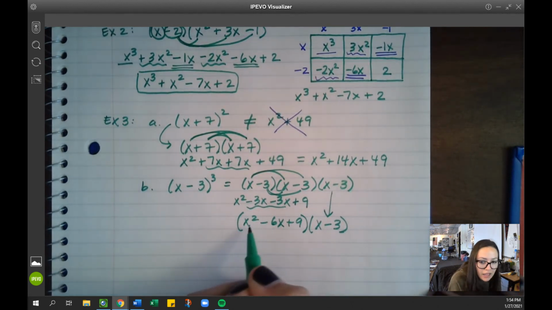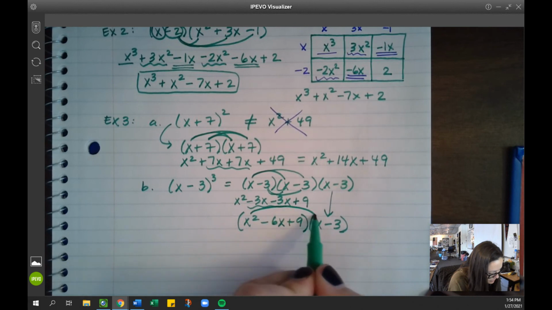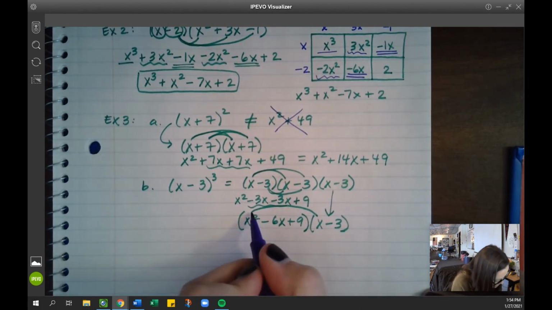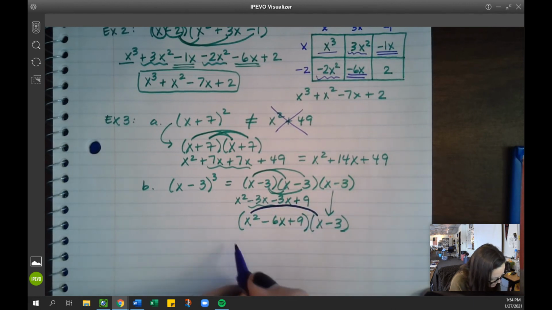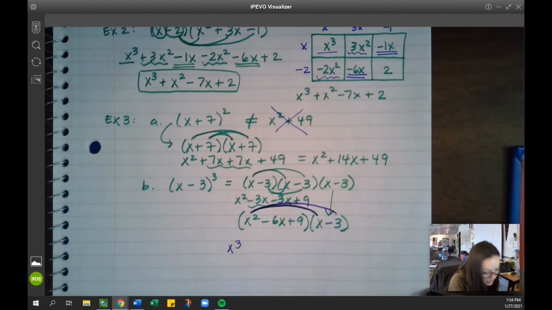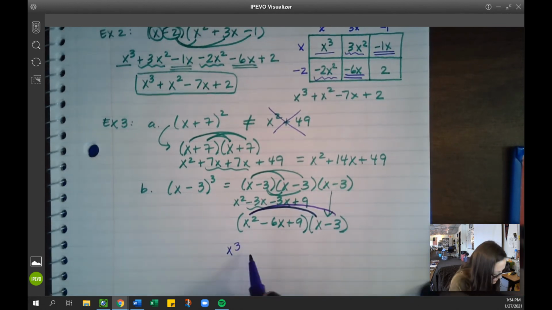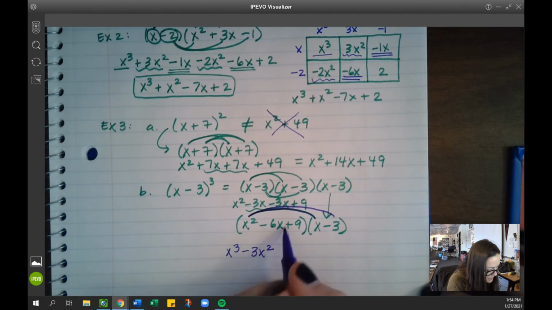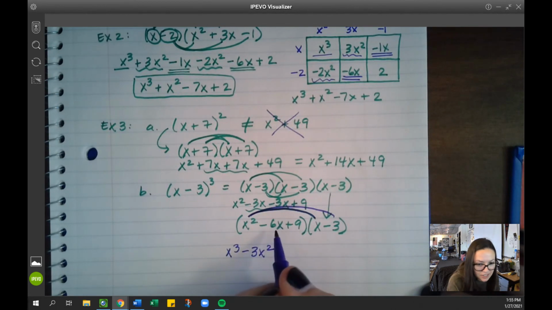So I'm going to take this x squared. I might do this in purple so you guys can see it a little better. So we're going to do x squared times x, which is x cubed. Then I have to do x squared times the minus 3, minus 3x squared. Now I'm going to repeat the process, except it's going to be with negative 6x.